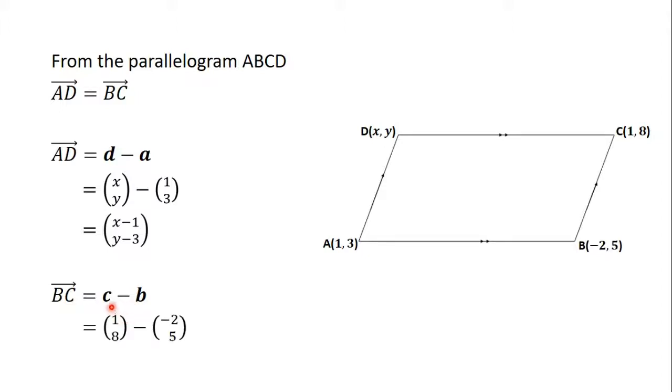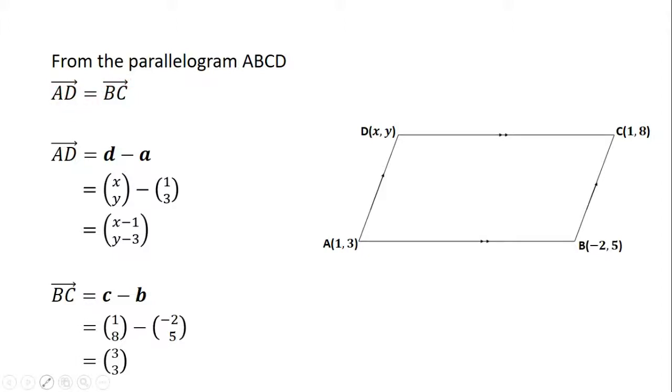The components of C will be the coordinates of point C, which are 1, 8, minus the components of B, which are -2, 5. If you do the subtraction, you have 1 minus -2, which is 3. Then 8 minus 5, which is also 3. So we have been able to find AD and BC.